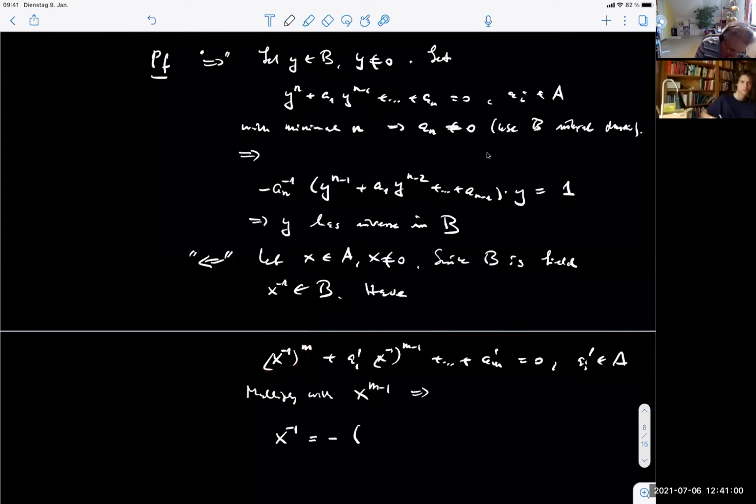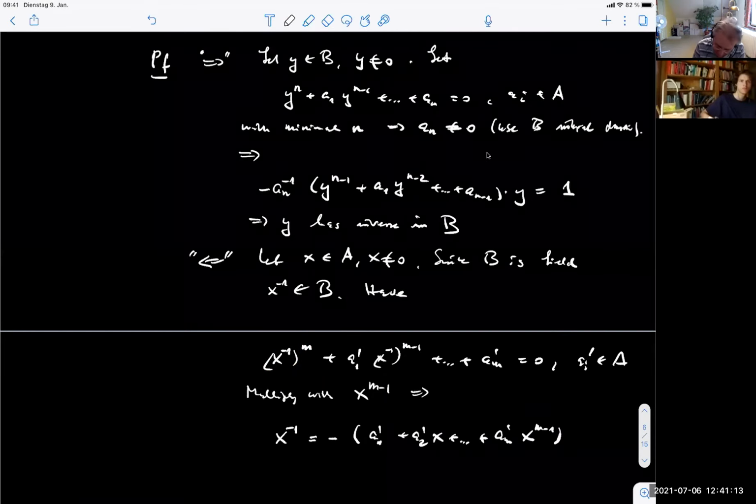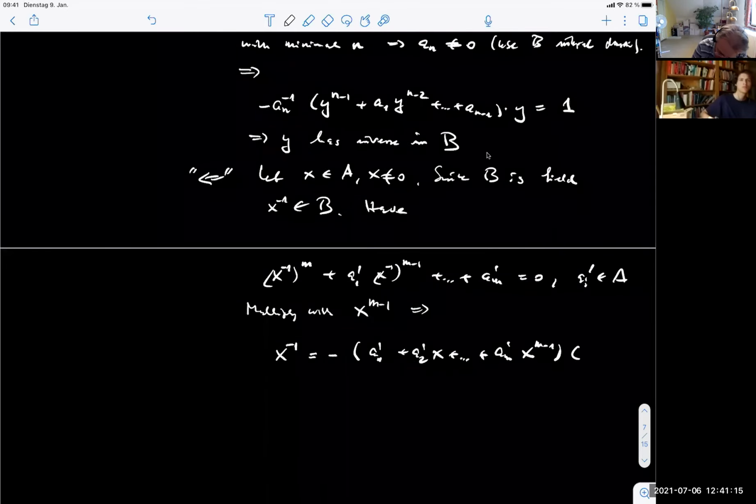So if I didn't miscalculate, it's this. So what I see is that this, the inverse of x, is actually an element in A. The coefficients are in A and x is in A. So I see A is a field.